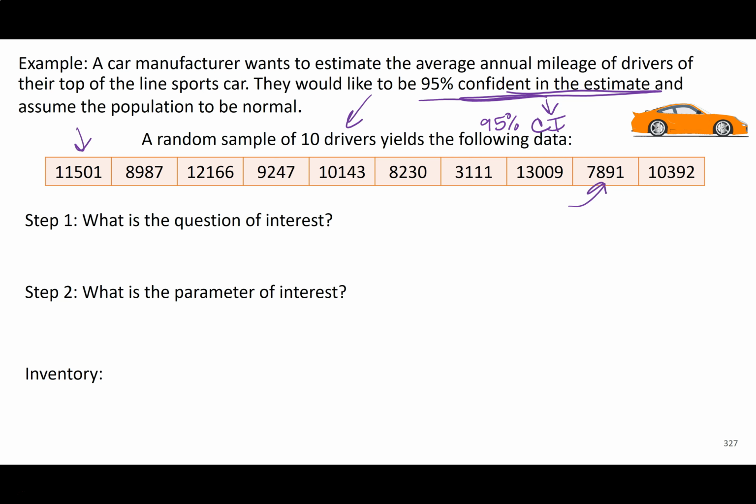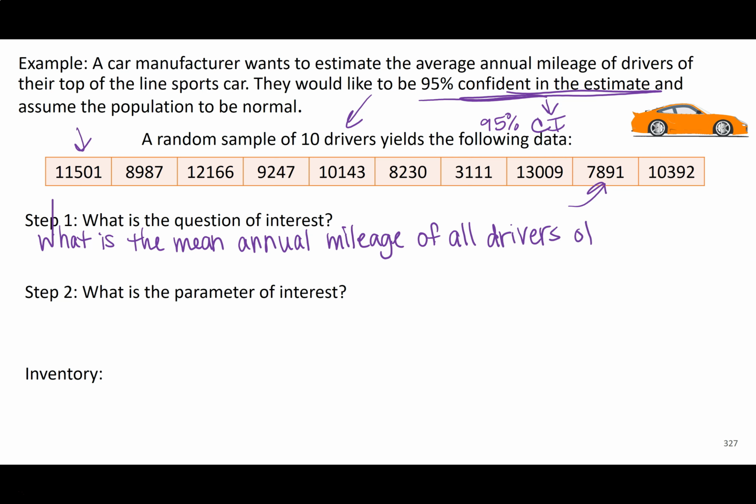So what is the question of interest? When we have a confidence interval question or an estimation problem, these questions are going to be open-ended, like what is... So, what is the mean annual mileage of all drivers of this car?